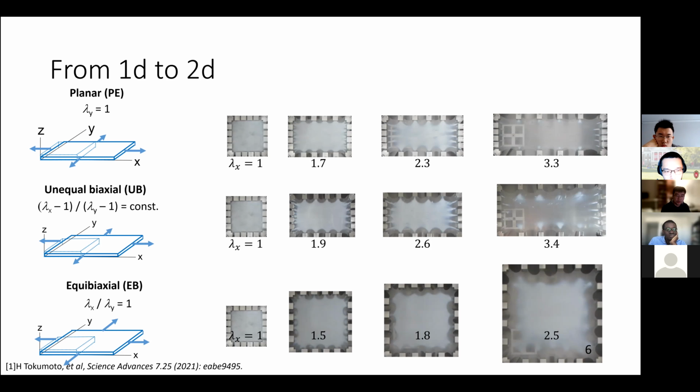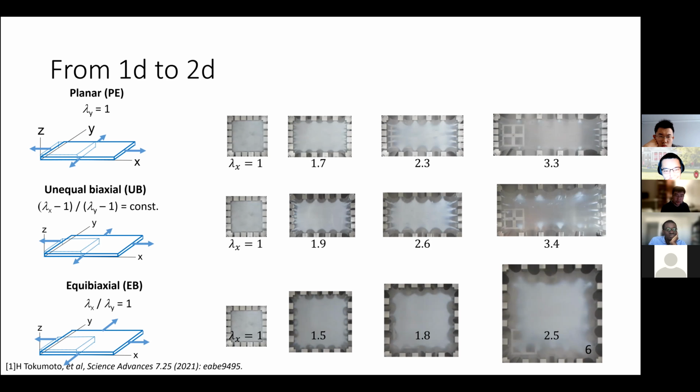On the right-hand side, what I'm showing you is a sheet that is stretched with a ratio of 5:1. And at the end, we also have equibiaxial extension, where the stretch in both directions is the same. The figures on the right are snapshots during the stretch.